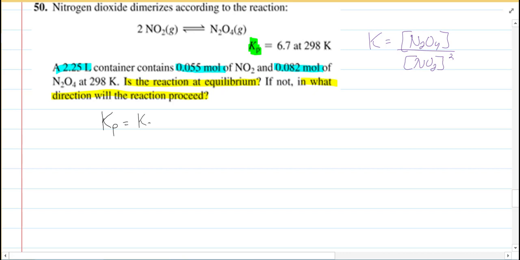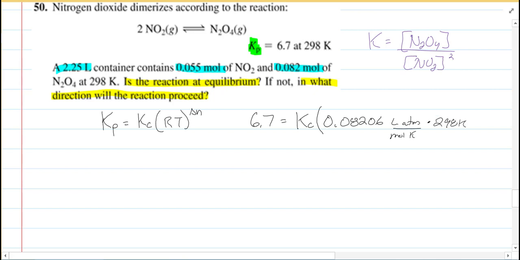Kp is equal to Kc times (RT) to the delta n. Kp is 6.7. Kc, I don't know. R is 0.08206 liter atmospheres per mole Kelvin, times 298 Kelvin, to the delta n, which is 1 minus 2. Kc then is equal to, I got 164.